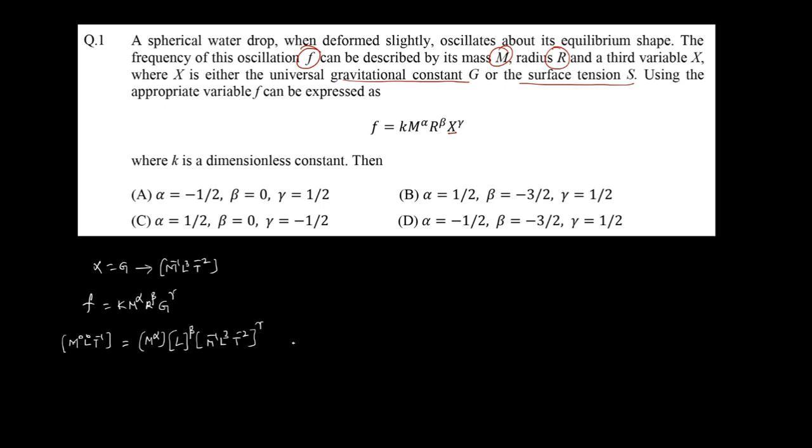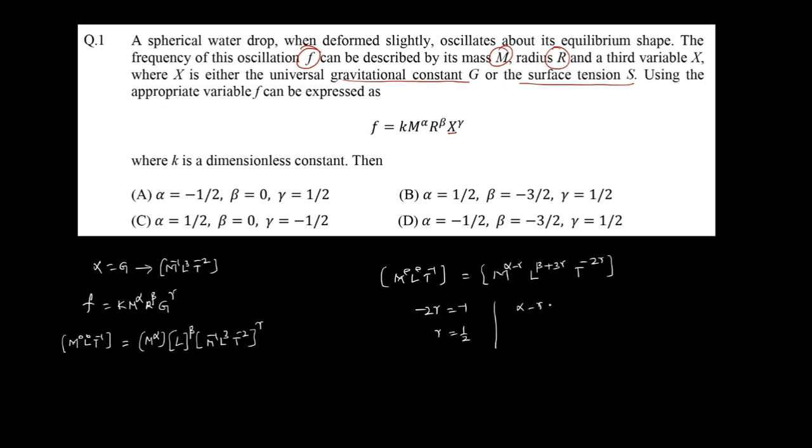If that is the case, I'll get M power 0, L power 0, T power minus 1 on the left side, equal to M power alpha minus gamma, L power beta plus 3 gamma, and T power minus 2 gamma on the right. Equating, minus 2 gamma is equal to minus 1, so gamma is equal to 1 by 2.